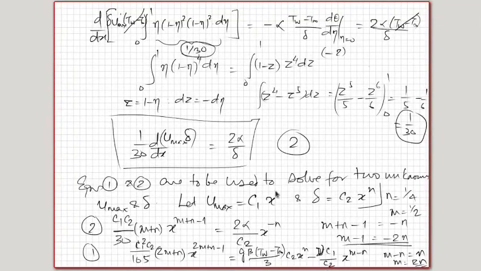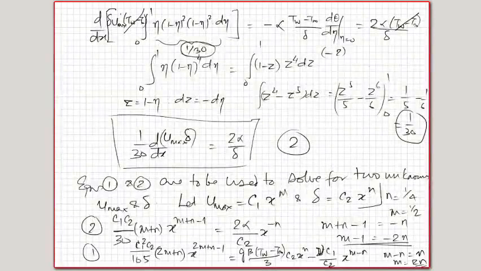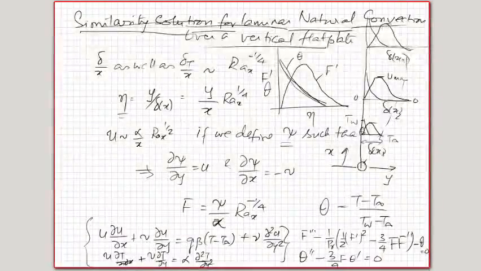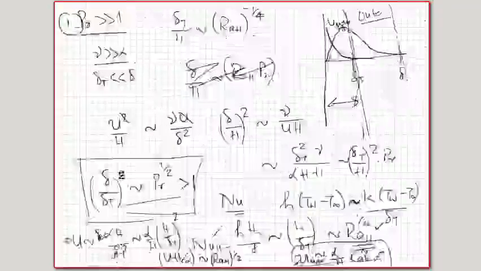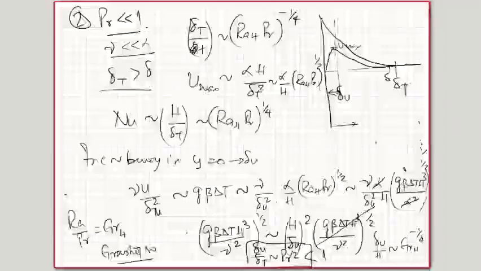Okay, so let me not erase this. So u max is a function of x to the power of half, and delta is a function of x to the power of 1 by 4. So let's cross-check this with what we had got earlier in the earlier expression. Yes.